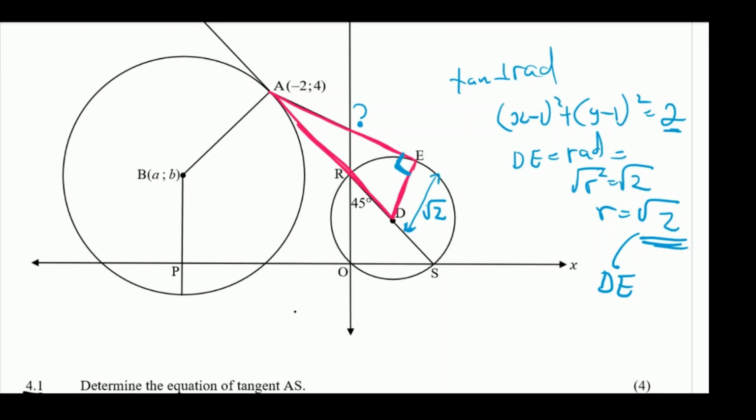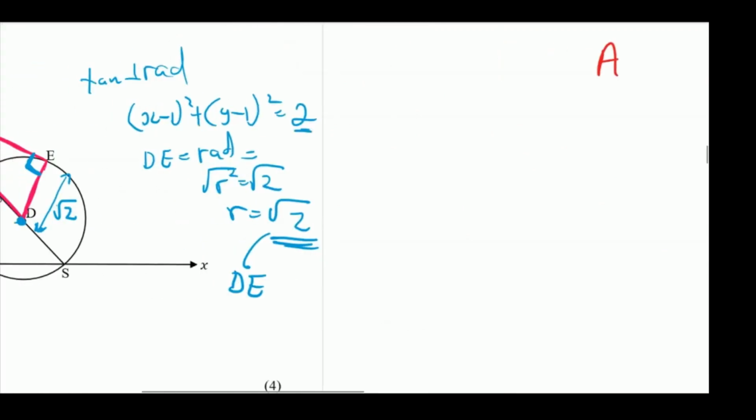Now we need to find the length of AD. We know the coordinates of A and of D, so once we find the length of AD, we're going to use Pythagoras' theorem to find the length of AE. The coordinates of A are minus 2 and 4, and the coordinates of D are 1 and 1.